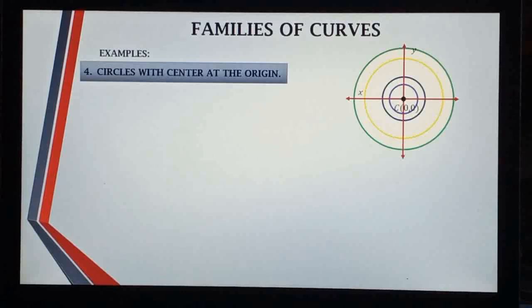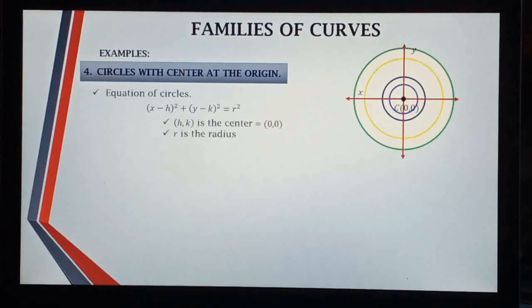Then, all you have to do is to identify kung ano yung equation ng circle. So the general form of the circle is the quantity of x minus h squared plus the quantity of y minus k squared equals r squared, wherein h and k is identified as your center and r is identified to be the radius. Tama po.